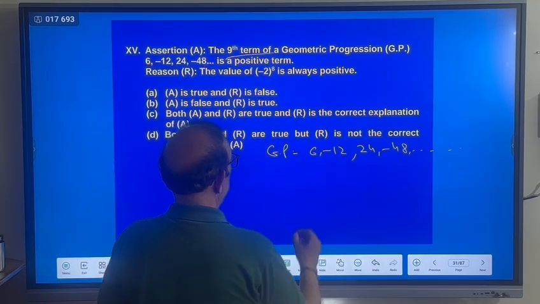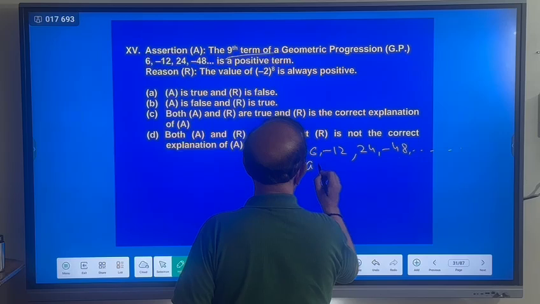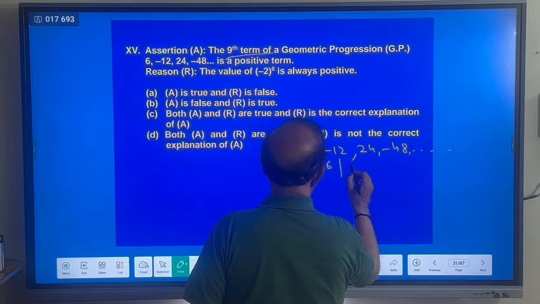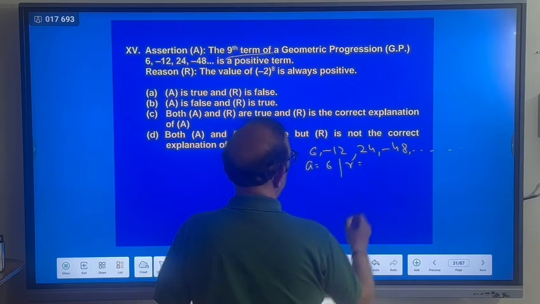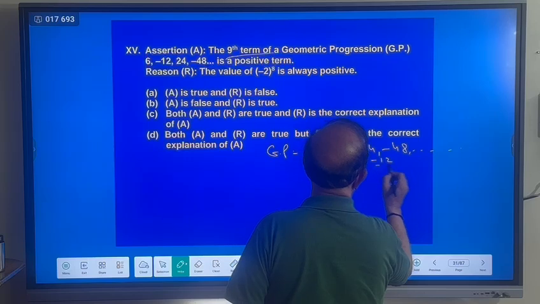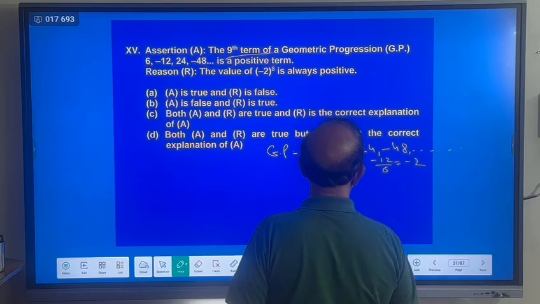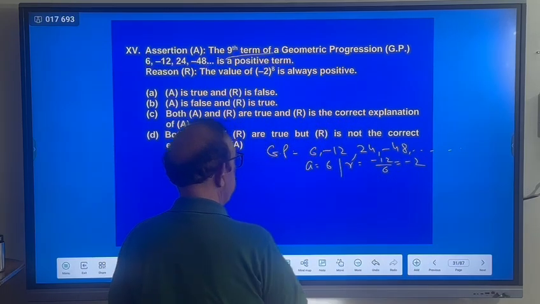Let us find. Here A is 6 and R, the ratio, second term divided by first term, we get -2. This is R, this is A.